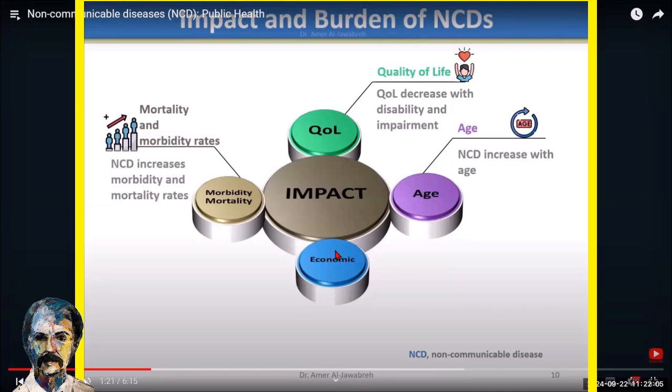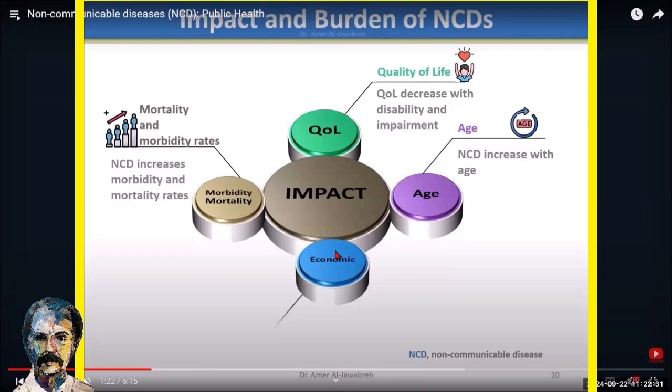But the death will come later on. It depends on you. If you keep eating junk food, then you are closer to death. If you stay sedentary, then you are closer to death. So morbidity starts from the time of diagnosis. Mortality depends on how you behave towards these. You want to control these diseases? You can, and you can live happily ever after.